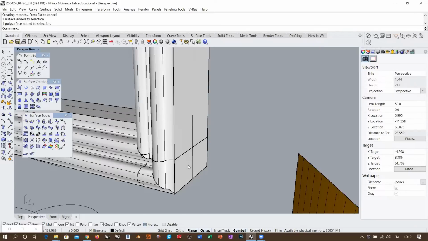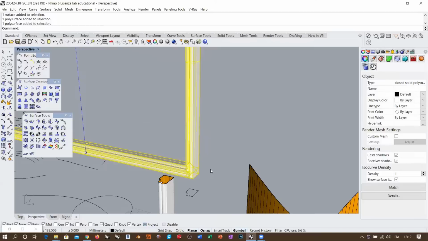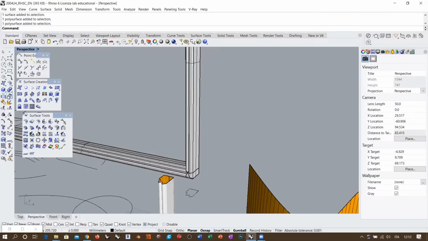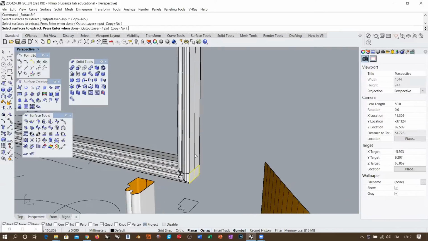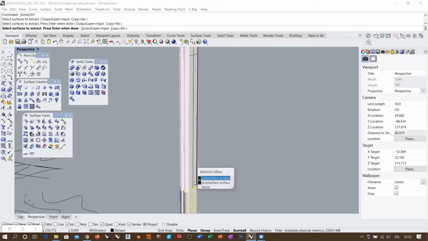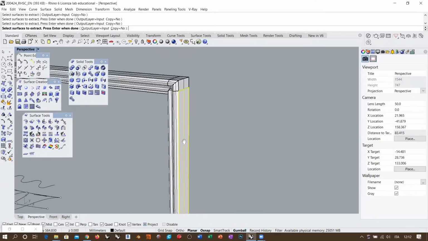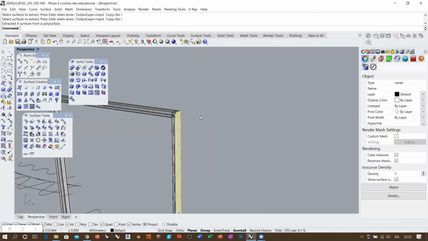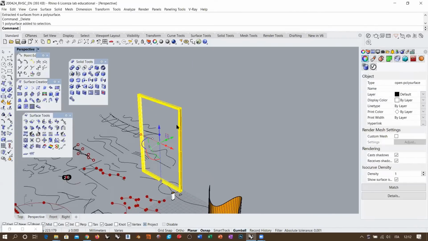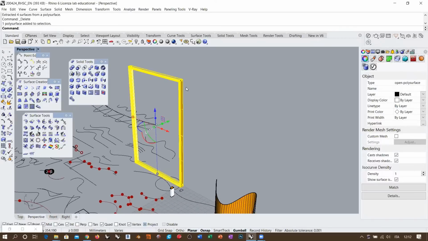Now, for example, if I take this object here and go into the solid tools and extract some surfaces, like this one, and this one, and the upper one, I can delete them. I am creating an open polysurface where the only thing missing is one single flat surface. So I can cap this planar hole with one surface.